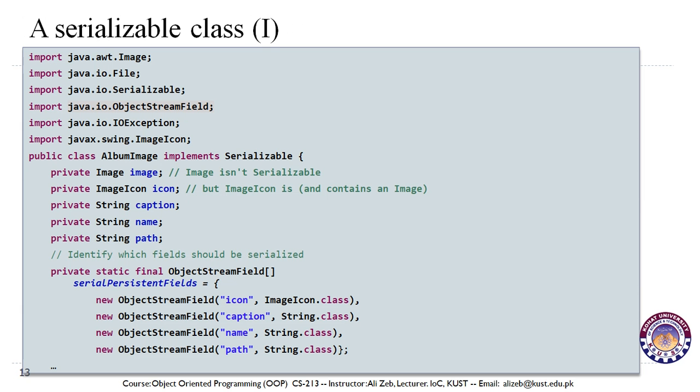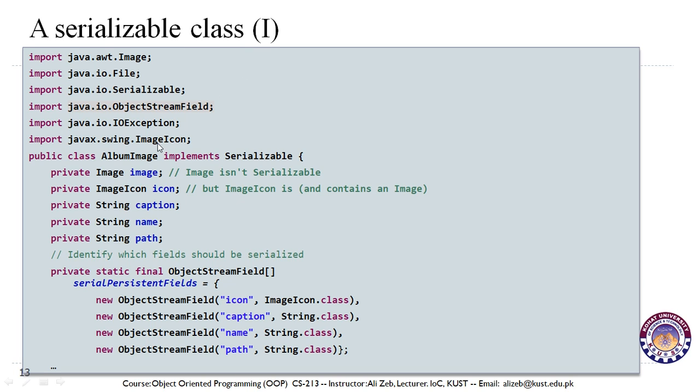So if we look at this code, this is the code where we are trying to write the details of images along with the paths and the names into a file. The class implements the Serializable interface. Image is not serializable but ImageIcon is serializable and it contains an image, so we can convert it into bytes.